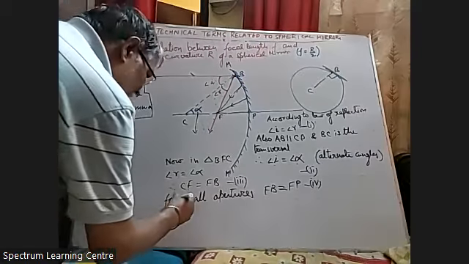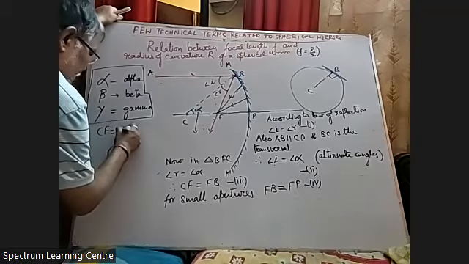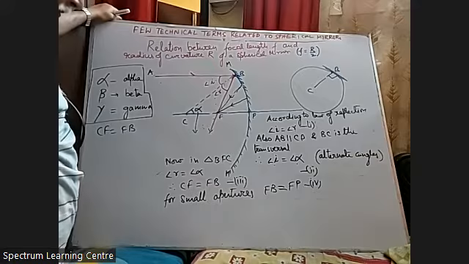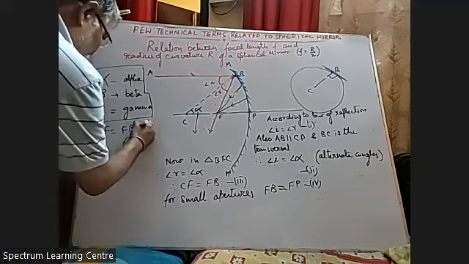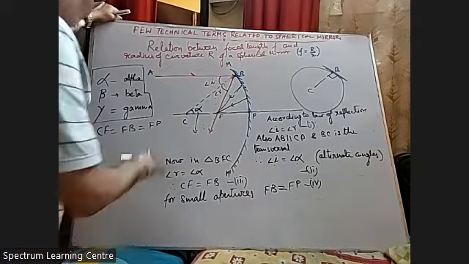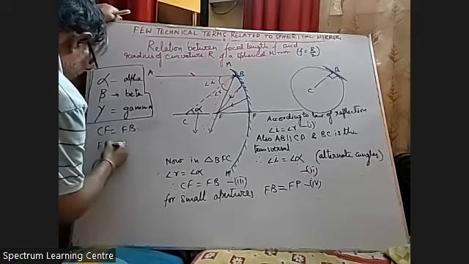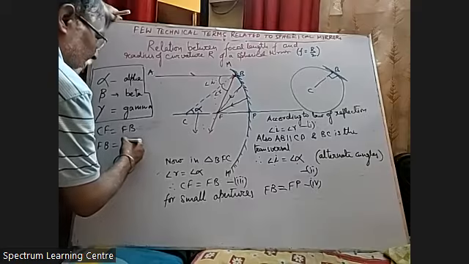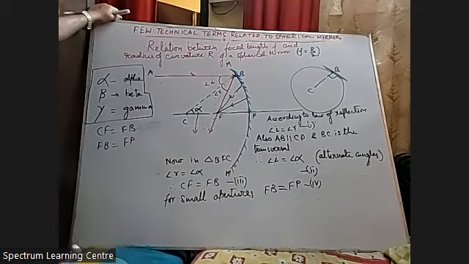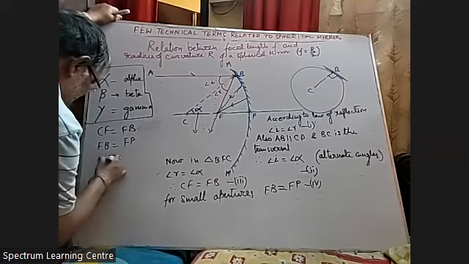Now we have CF is equal to FB, which is equal to FP. Now from this, can I write CF is equal to FP?